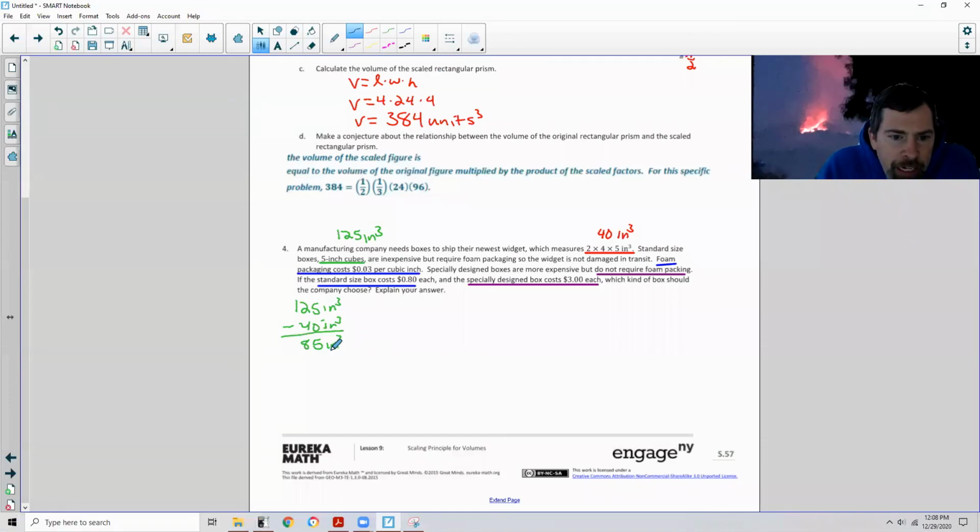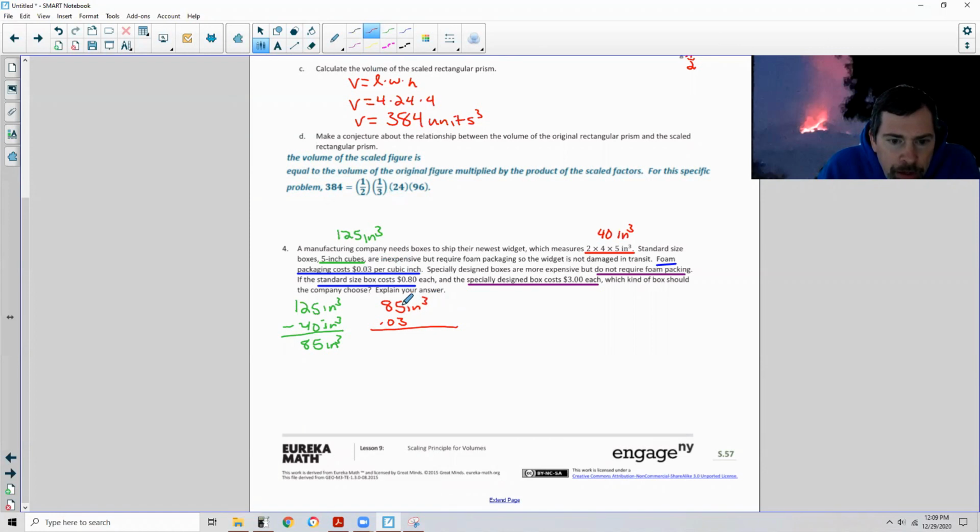Okay, so if I have 85 cubic inches, and it's going to cost me 3 cents per cubic inch, then I'm going to take that 85 inches cubed and multiply it by 3 cents. So 0.03, and it's per cubic inch.